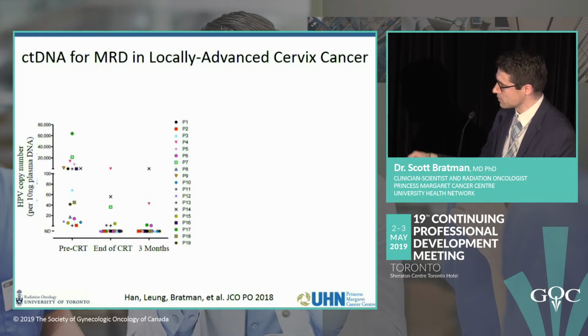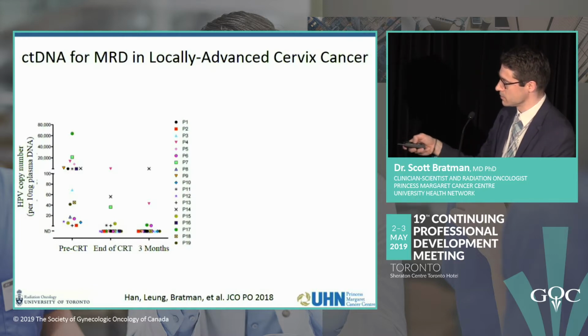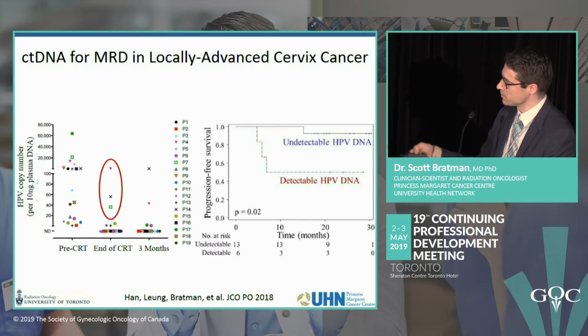At baseline, all 20 patients had detectable HPV DNA, or I'm sorry, I'm only showing you 19 of the 20 because one patient failed on treatment, so was excluded from analysis. But 100% sensitivity at baseline, not surprisingly.